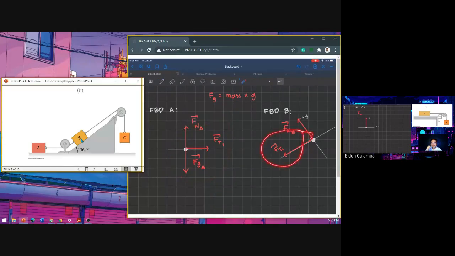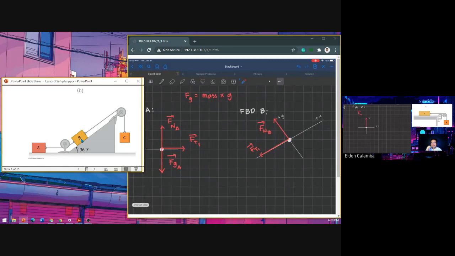Ito din dapat is 10 newtons. But take note of their directions. Iba-iba. Si Ft1, papunta kay positive x, while itong si Ft1 kay B is papunta kay negative x. Don't be confused about their direction. Okay? It will depend kung anong susundan mo na free body diagram.